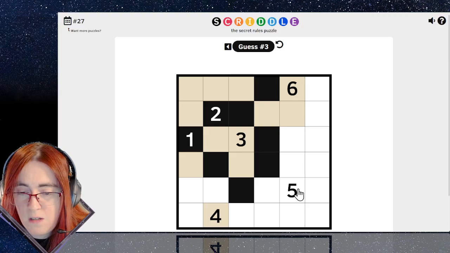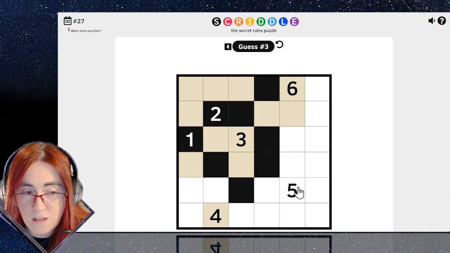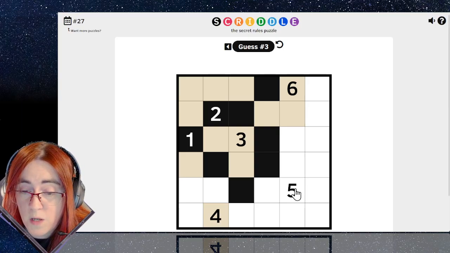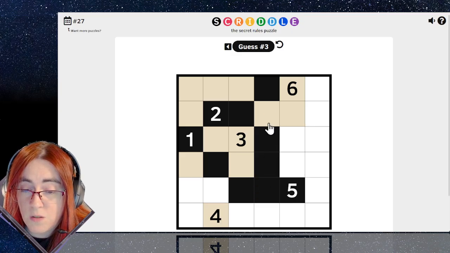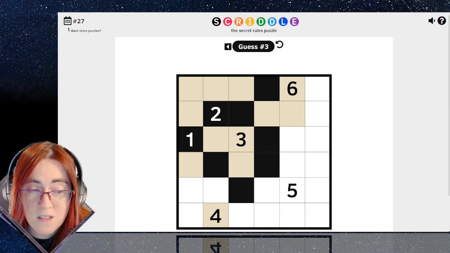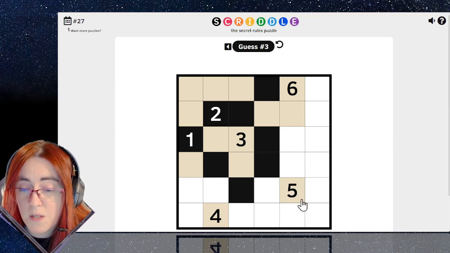If the 5 were shaded, then it would have to be rectangular, and it would have to be 1 by 5 or 5 by 1, and it clearly can't be. It can't go across here because it would join up with that, and it can't go up here because it would join up with that and make it too big and not rectangular. So it must be unshaded.